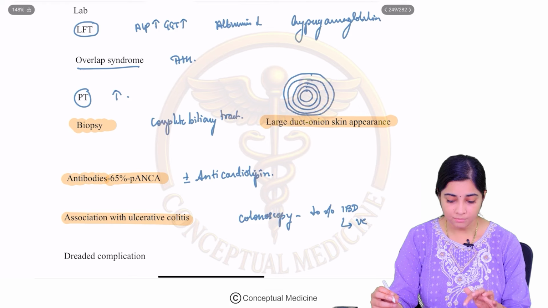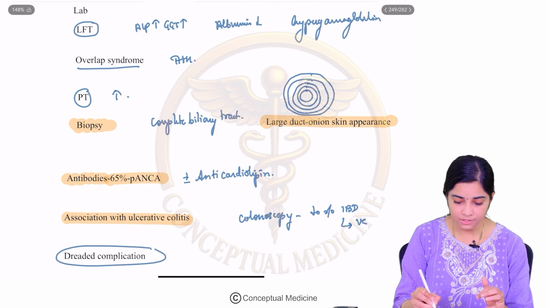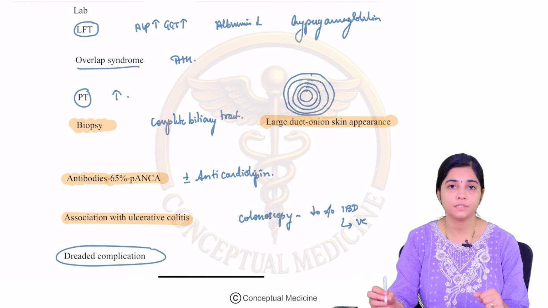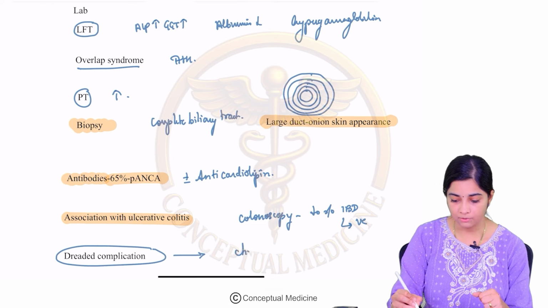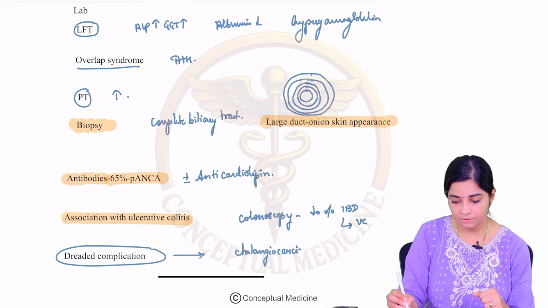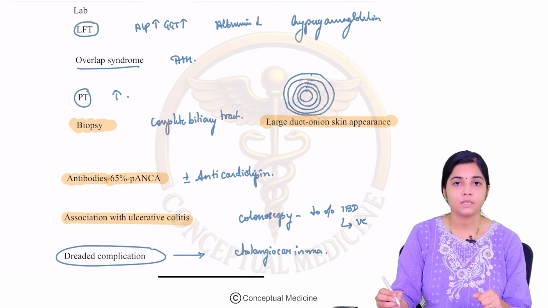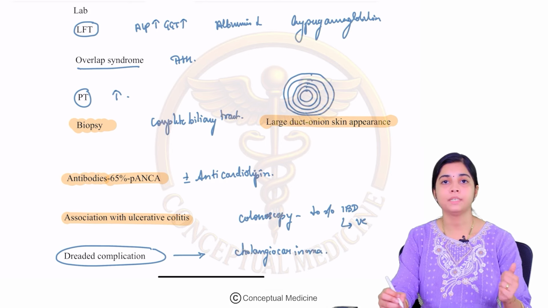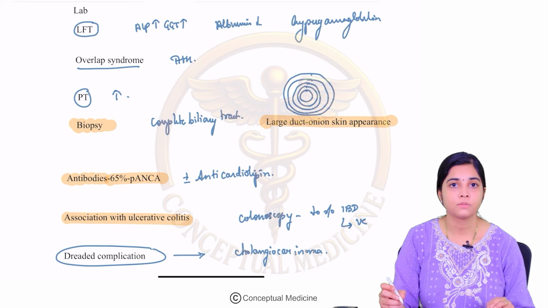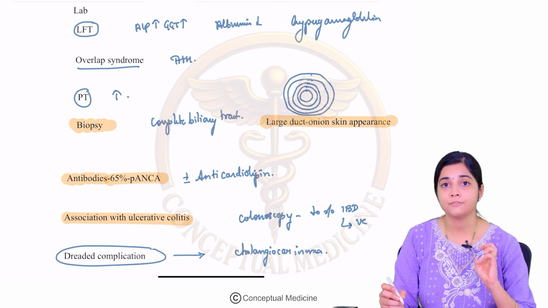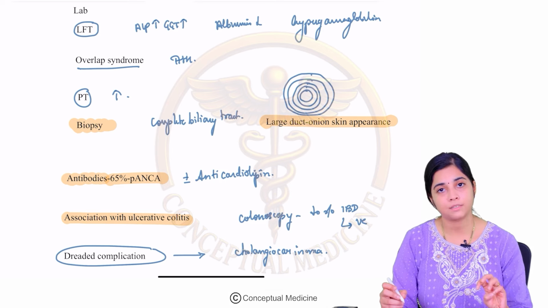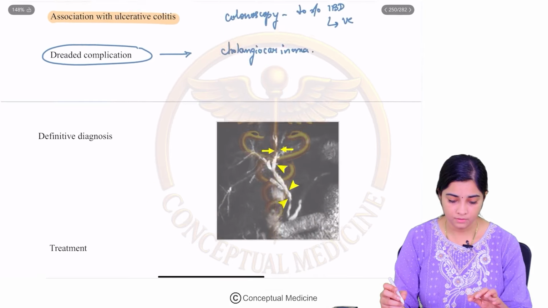Okay, and the most dreaded complication of primary sclerosing cholangitis is the development of cholangiocarcinoma, which is your cancer of the biliary tract. Okay, so this is about the salient features of primary sclerosing cholangitis.